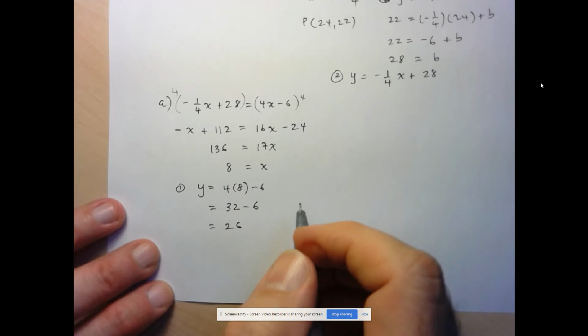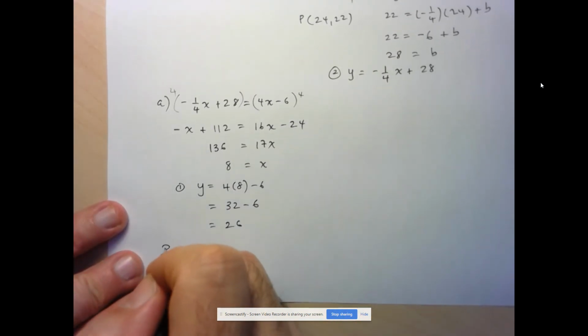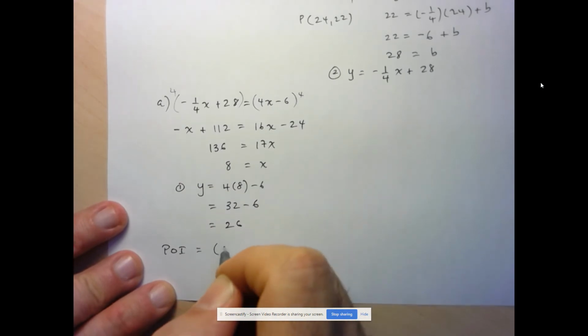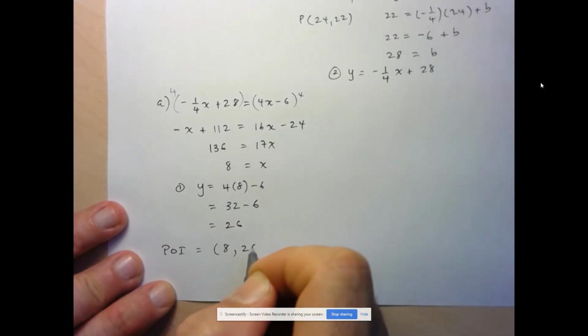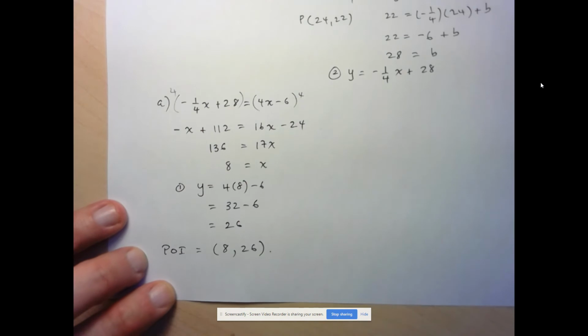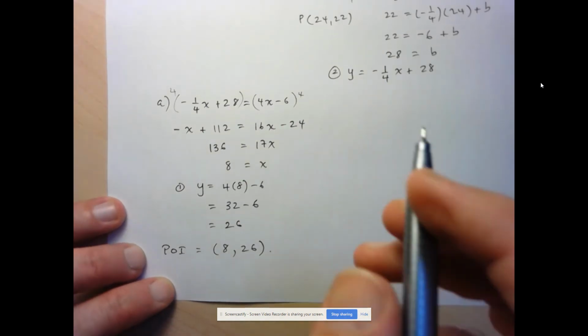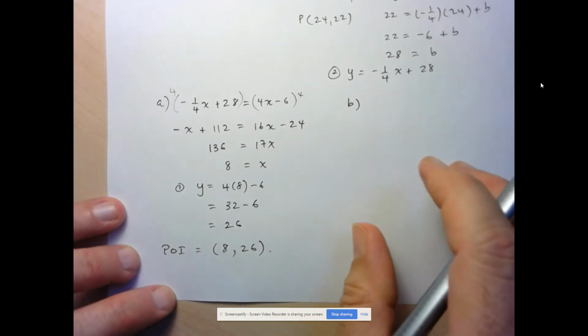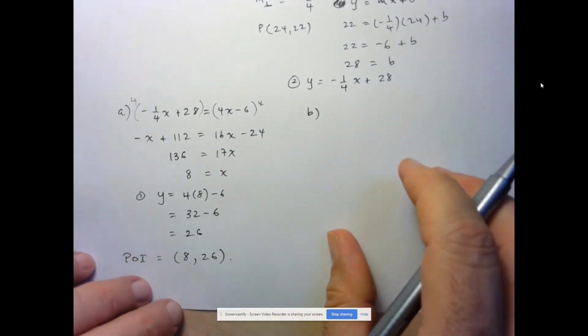Okay, so this point of intersection that we were looking for in A is x equals 8, y equals 26. All right, so let's now go to B, which wants us to find the distance of pipe needed, or the length of pipe needed.